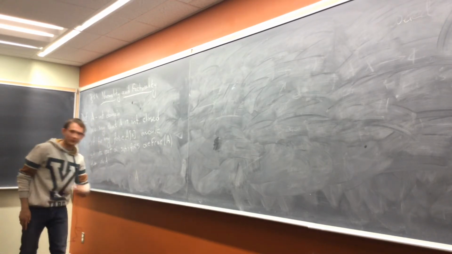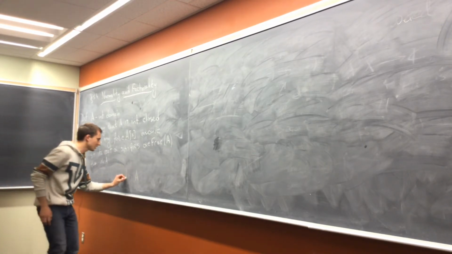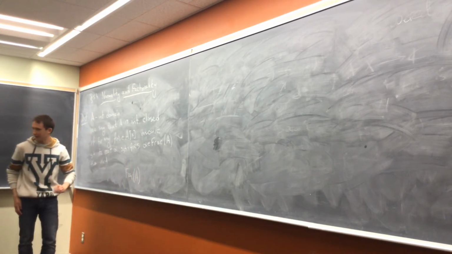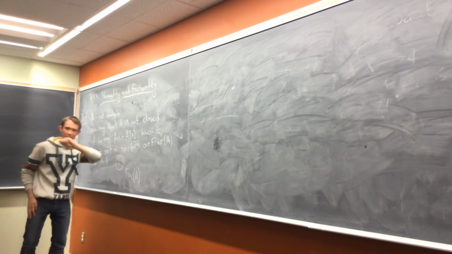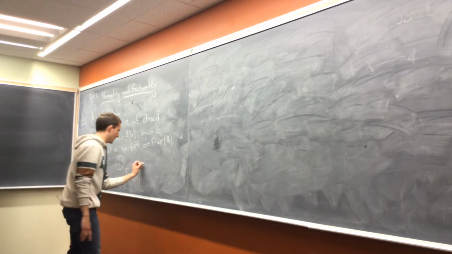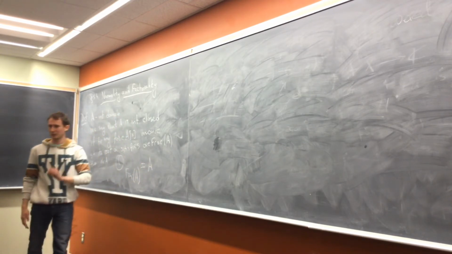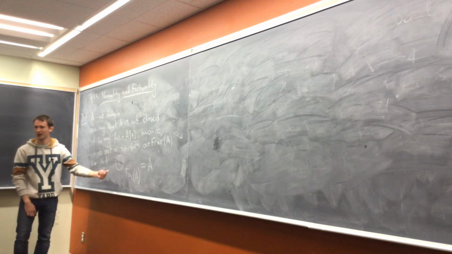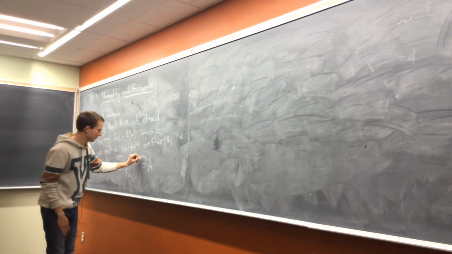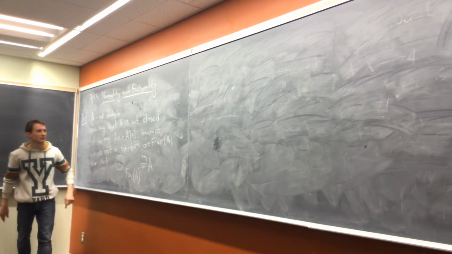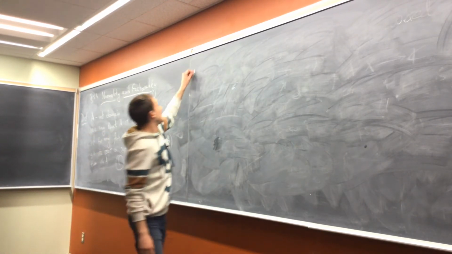I take A and its fraction field, and then I compute the ring of integers of the fraction field. And what I want is for it to be A. That's all that I want: that A is the ring of integers of its fraction field. Does that make sense? Let's see an example.